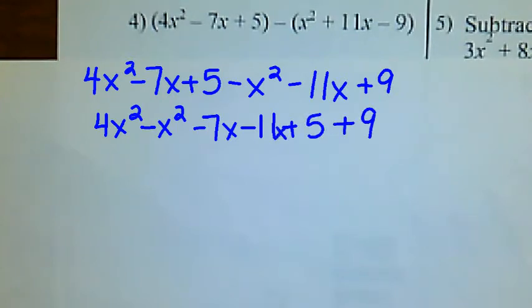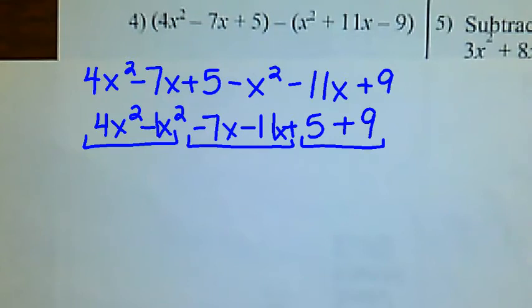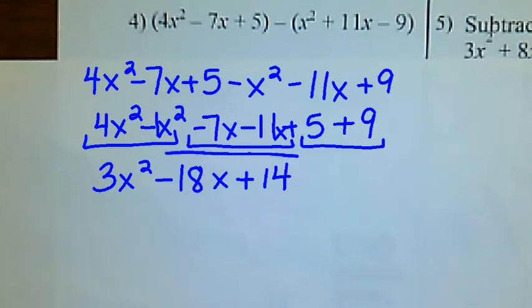Okay, so these go together, and these go together. So 4x cubed minus, remember this is like a 1, so 3x squared. Now I have a negative 7x, and I'm subtracting 11x more. So that's going to be negative 18x. And then 5 plus 9, that is 14. And there's my final answer for that.